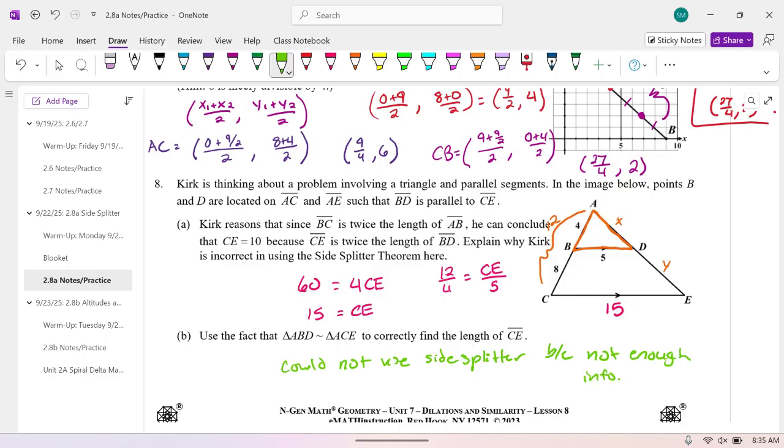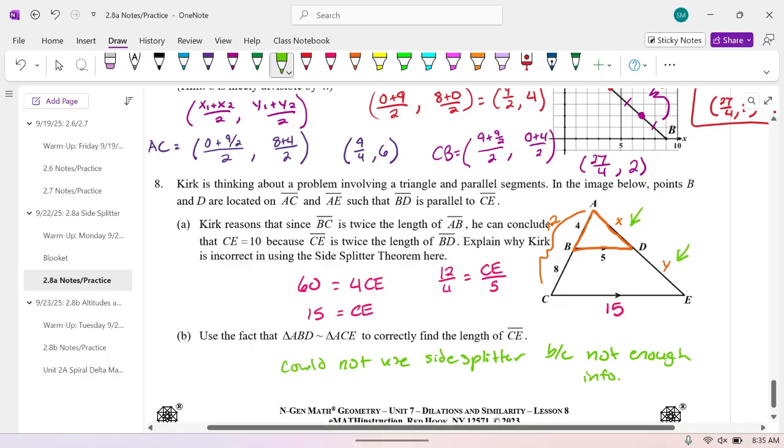We would have had to know at least what X or what Y was in order to figure out side splitter. But since we didn't have it, we did have enough information to at least use just regular similar triangles. The sides are proportional. Okay, any questions on that one?